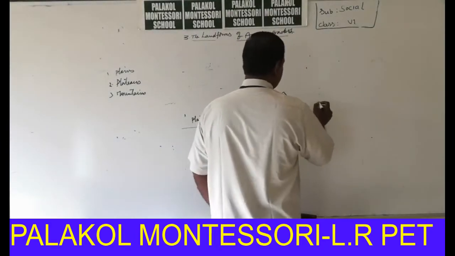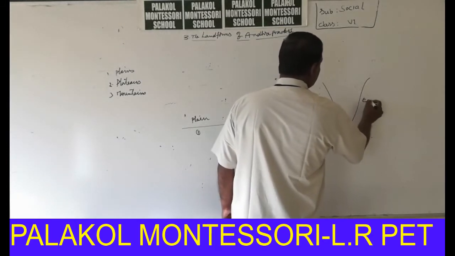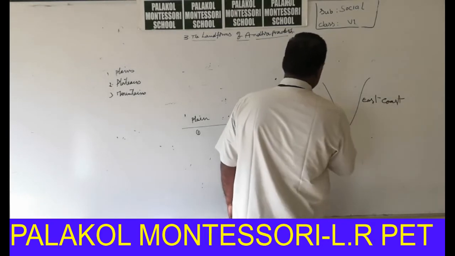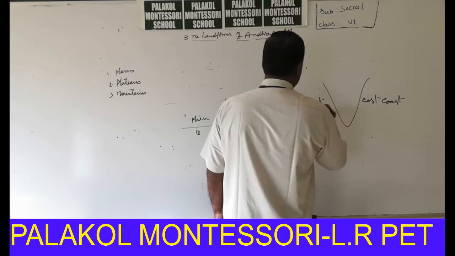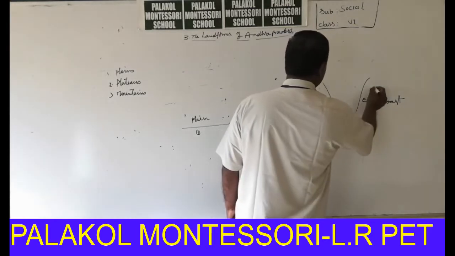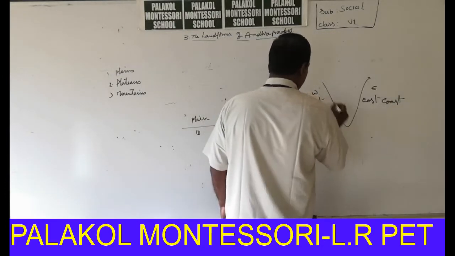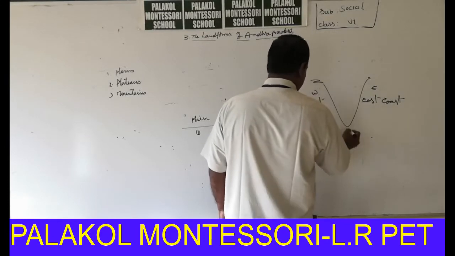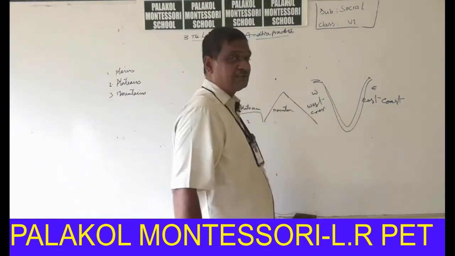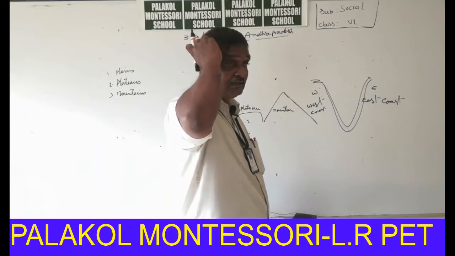This is the east coast, this is the west coast. That means this is the west, this is the east. From West Bengal to Gujarat, this is called coastal. There are 9 coastal states in our India.